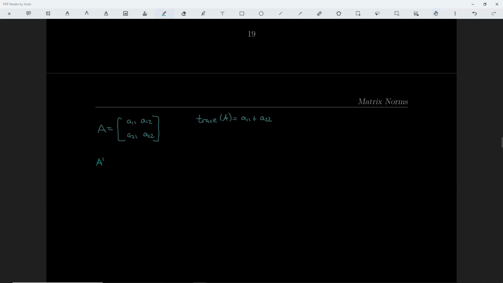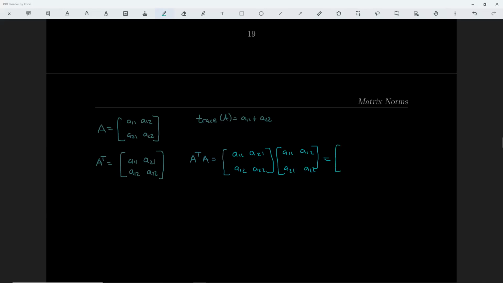A transpose is A11, A21, A12, A22. And A transpose A is the multiplication of those two matrices, A transpose times A itself.